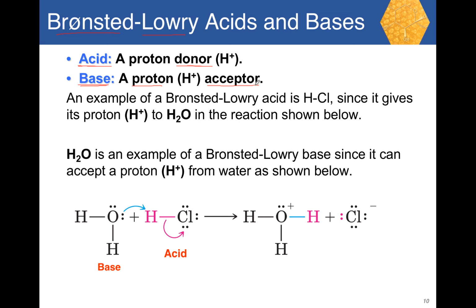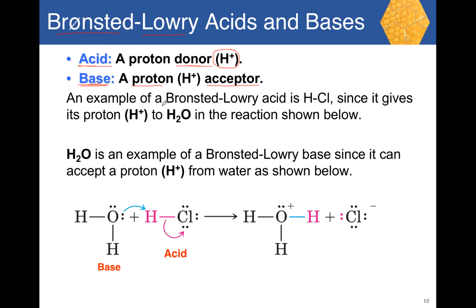So let's make sure we understand this definition, because we'll ask you to apply it. So an acid is a proton or H plus donor. So you'd expect an acid to give up H. So in other words, an acid must have an H to give up. A base accepts that H.